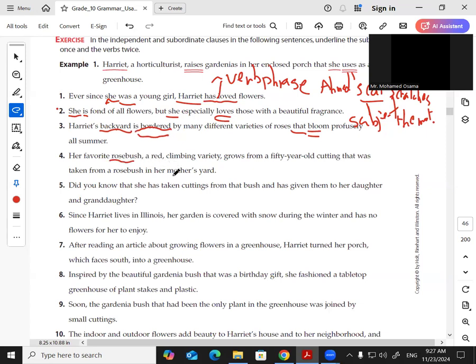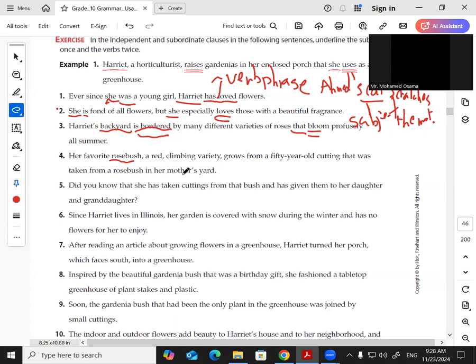Someone told me that climbing is a verb. So do we consider climbing a verb? Guys, what do you think? Actually, climbing is not a verb. Climbing is a participle that modifies a variety.